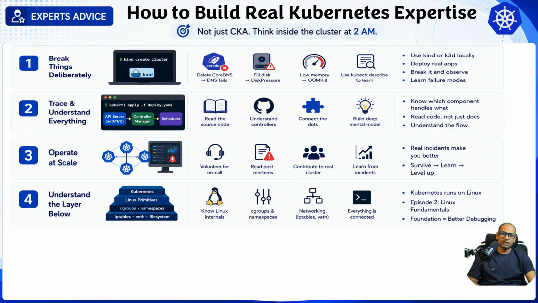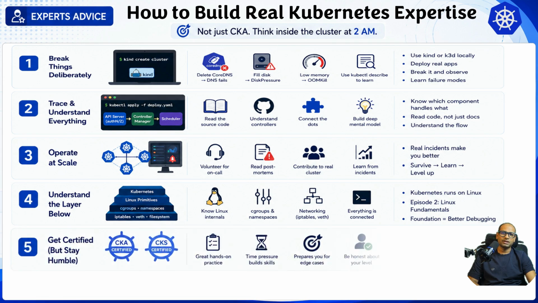Kubernetes runs on Linux, so learn the Linux primitives underneath: cgroups, namespaces, iptables, and the file system. I will create a separate episode for Linux fundamentals, and you can watch that for the fundamentals. A strong foundation is the difference between memorizing Kubernetes and actually debugging.